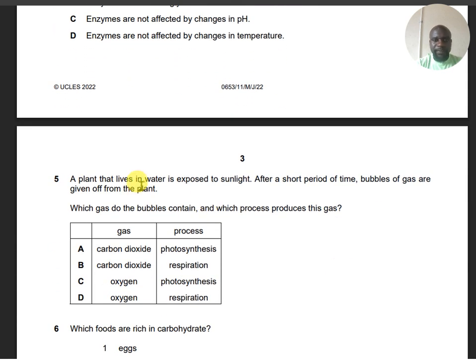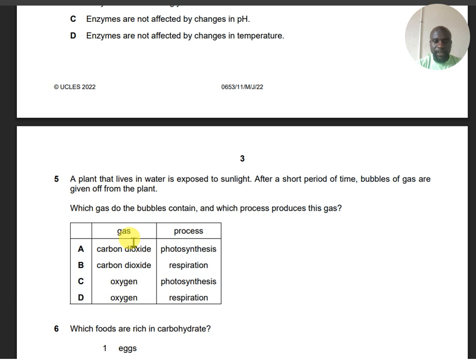A plant that lives in water is exposed to sunlight. After a short period of time, bubbles of gas are given off from the plant. Which gas do the bubbles contain, and which process produces this gas? So on number five, a plant lives in water and is exposed to sunlight, which means photosynthesis is taking place there.